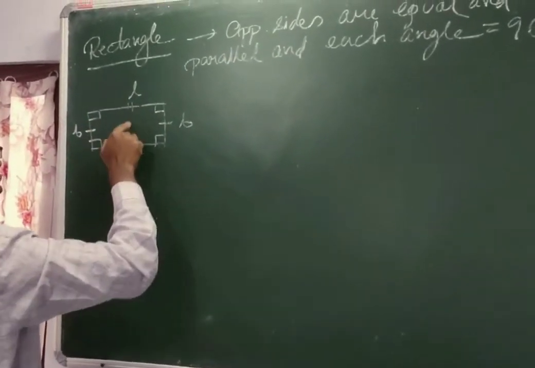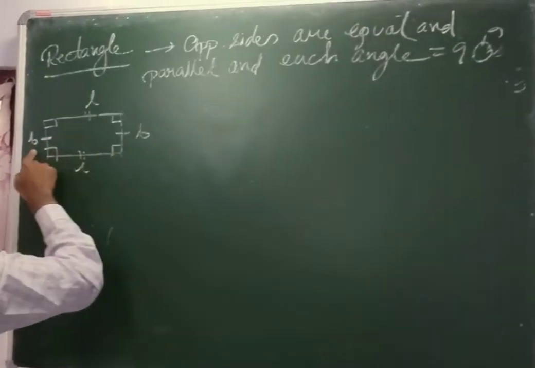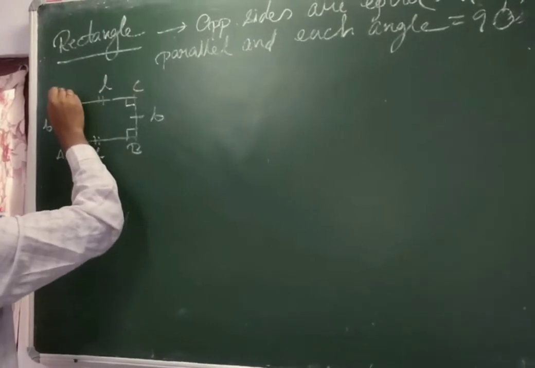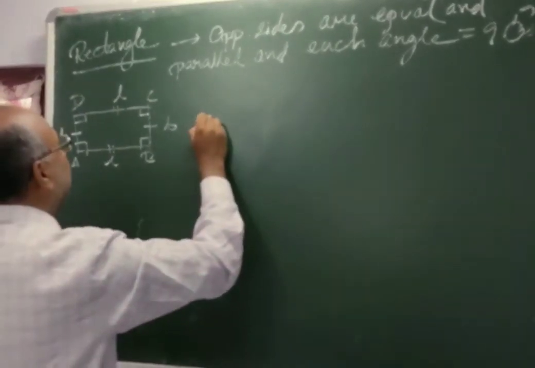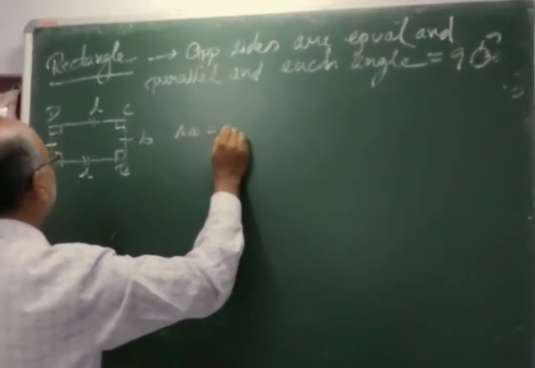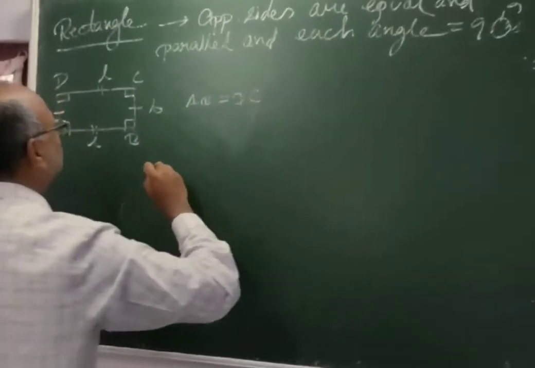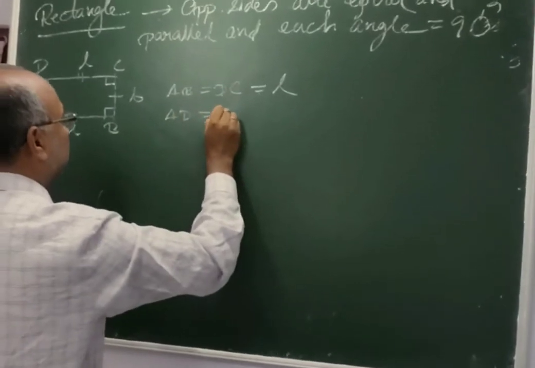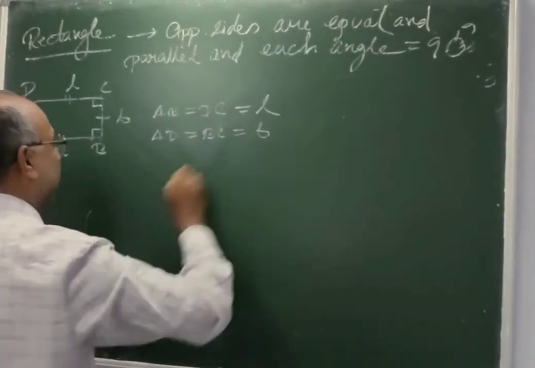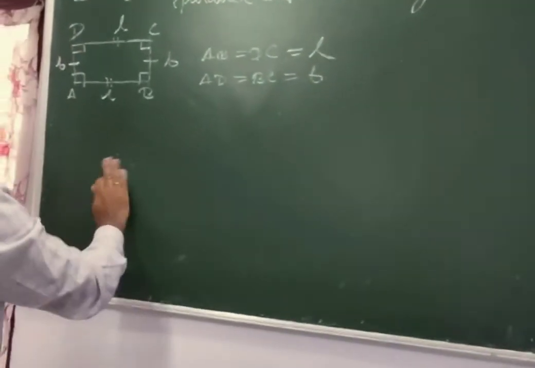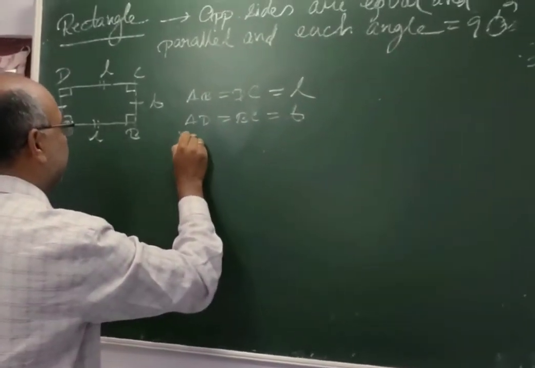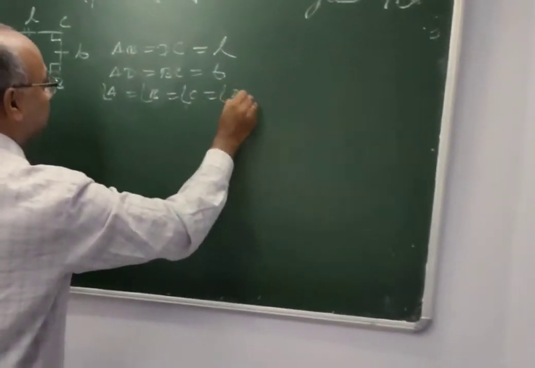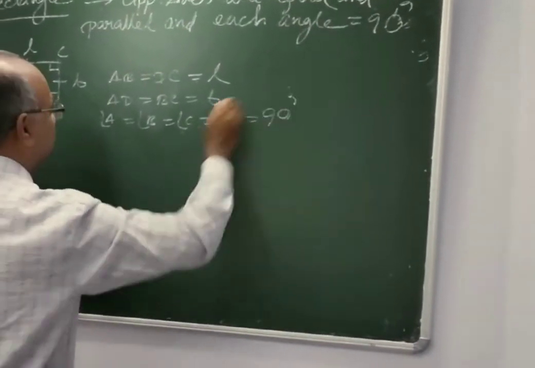If we name it A, B, C, D, we can say AB equal to CD equal to L, that is length, and AD equal to BC equal to B, breadth. And each angle is 90 degrees, that is angle A equal to angle B equal to angle C equal to angle D equal to 90 degrees.